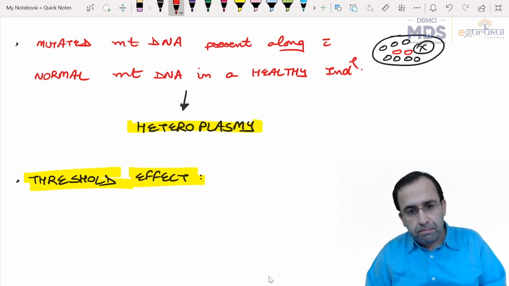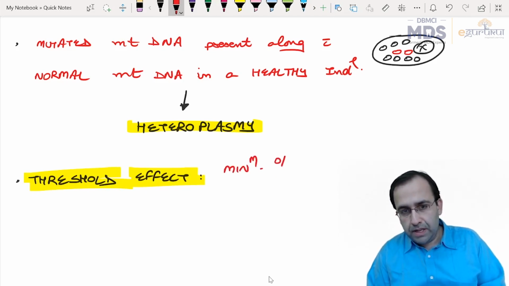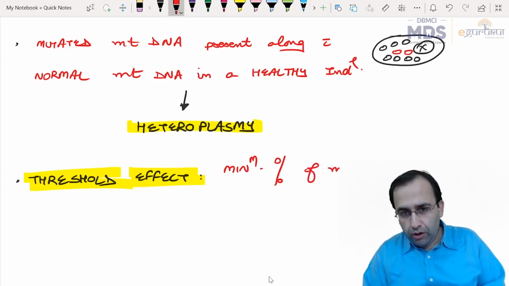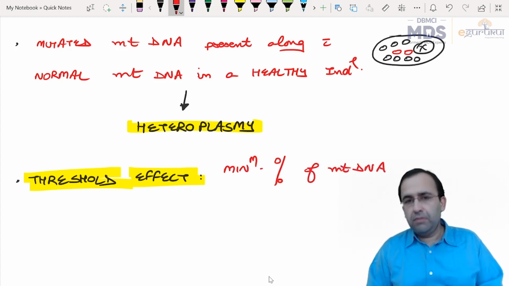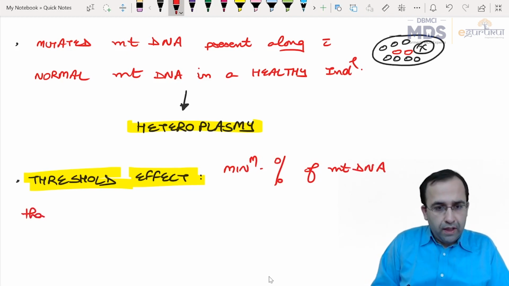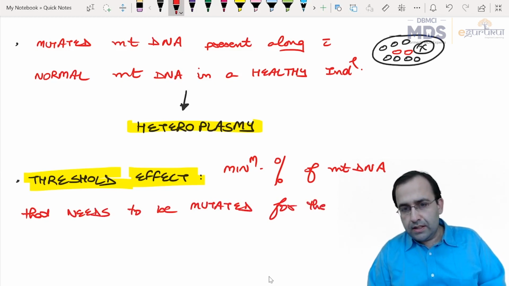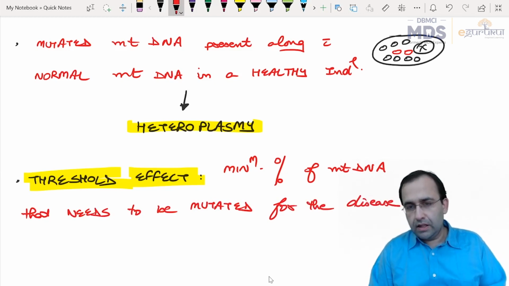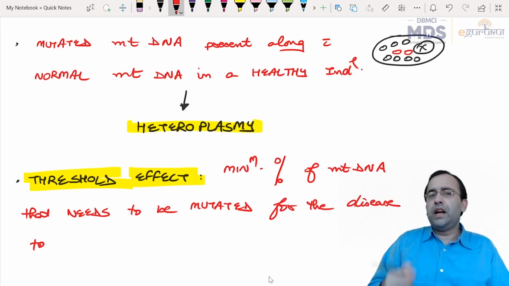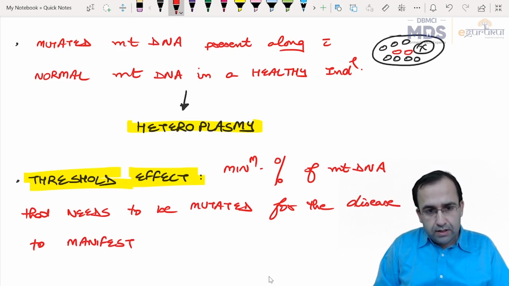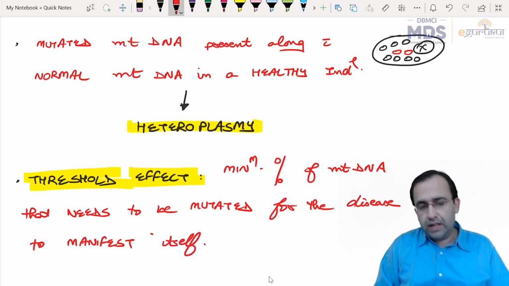Threshold effect is the basic minimum percentage of mitochondrial DNA that needs to be mutated for the disease to manifest itself.